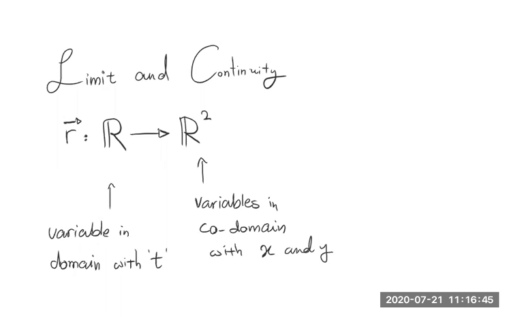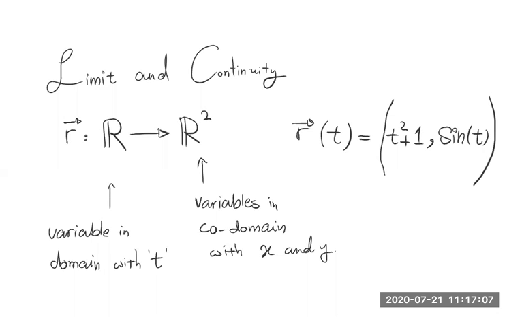Okay, so a function from R to R2 can be something like this. What is r of t? It can be, say, t squared plus 1 and sine of t.